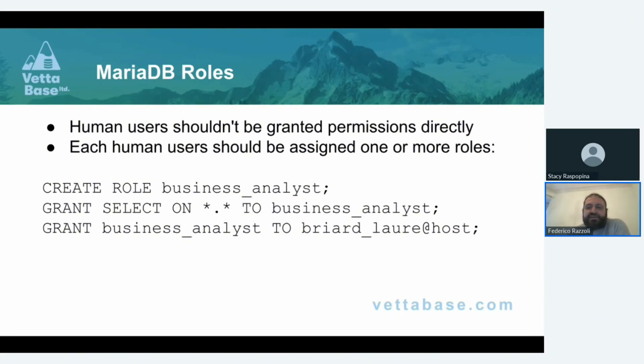It is a bit frustrating, and it is also error prone. So what you can do instead is to assign permissions to a role, like, for example, business analyst in this example. Okay, I'm creating a business analyst role and I'm assigning proper permissions to it. And then I can grant this role to a user.